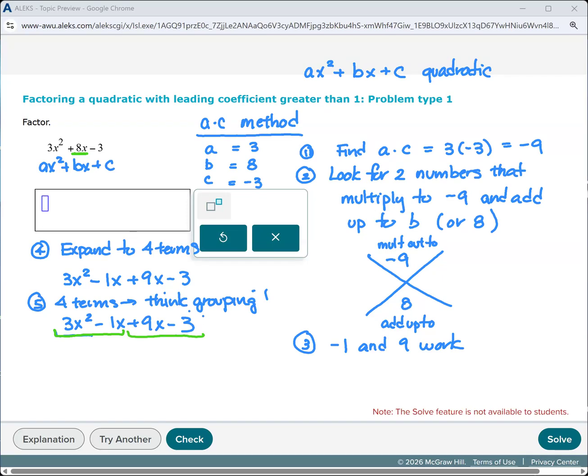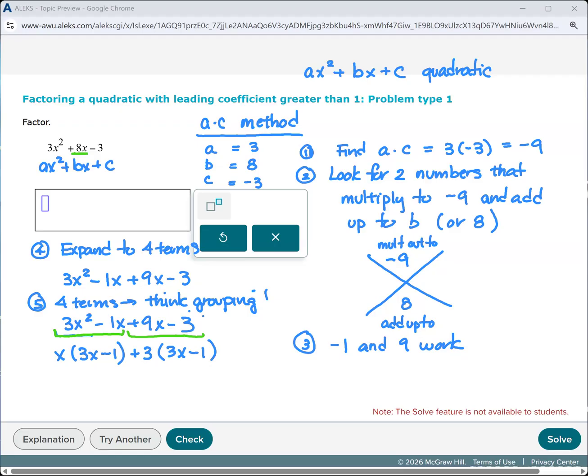If I look at 3x squared minus 1x, I can factor out an x, and I'm left with 3x minus 1. In my second group, plus 9x minus 3, I can factor out a plus 3, and I'm left with 3x minus 1.